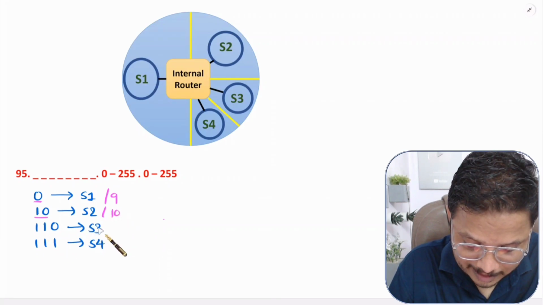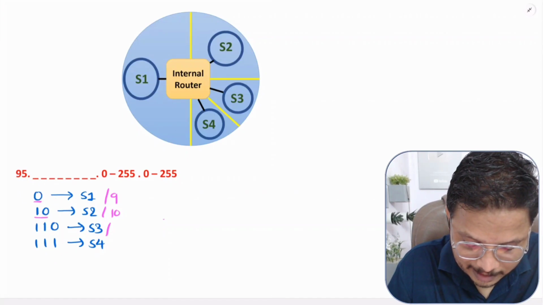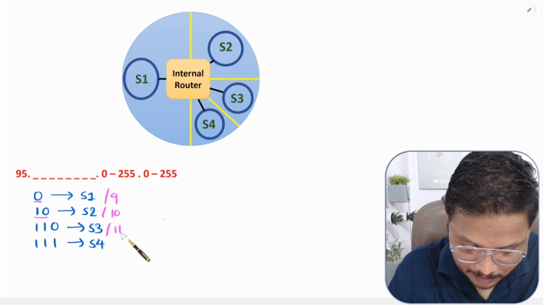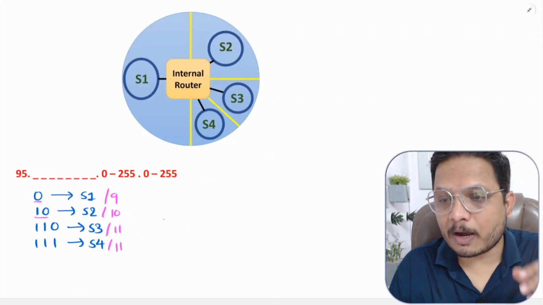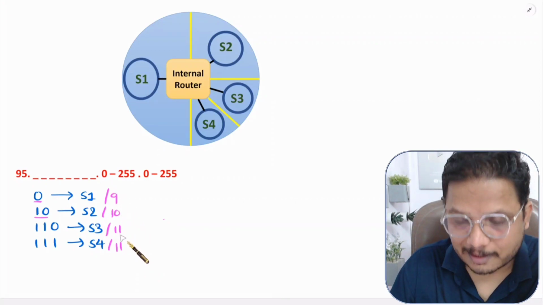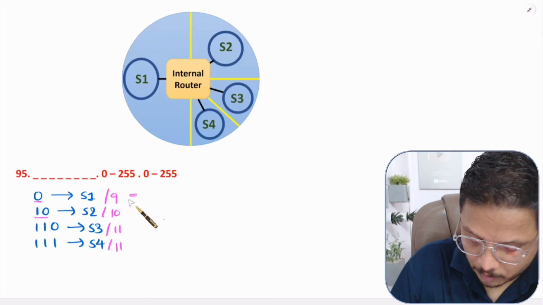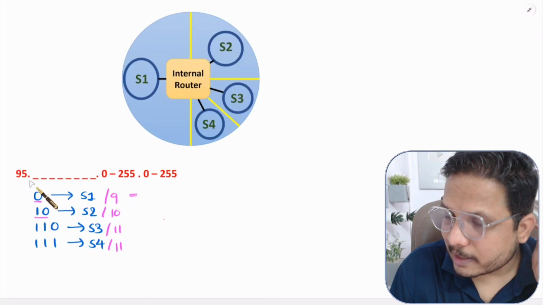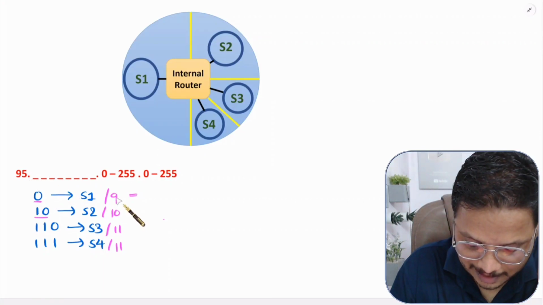Then with S3, 3 bits for the subnet ID and 8 bits for the network ID, so 3 plus 8, 11. Similarly, with S4 the subnet mask is /11. Now how do we write the subnet mask from /9, /10, /11? So see, what is the subnet mask? It is also a 32-bit mask, where /9 means what?